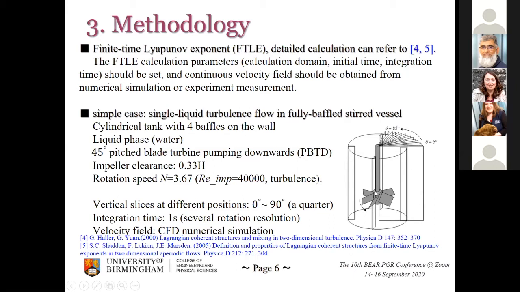The impeller is a pitched blade turbine, and it pumps downwards. The impeller clearance is 0.33 of the height. The rotation speed is this number, corresponding to a turbulent flow.